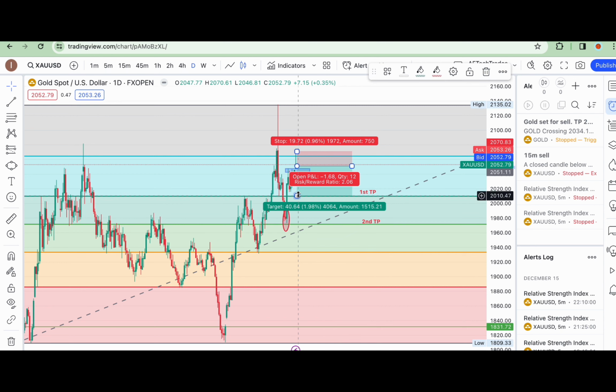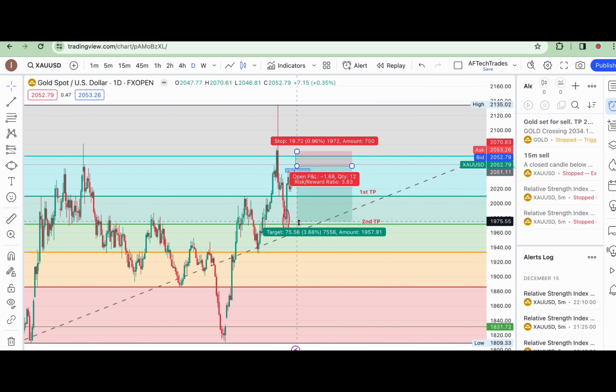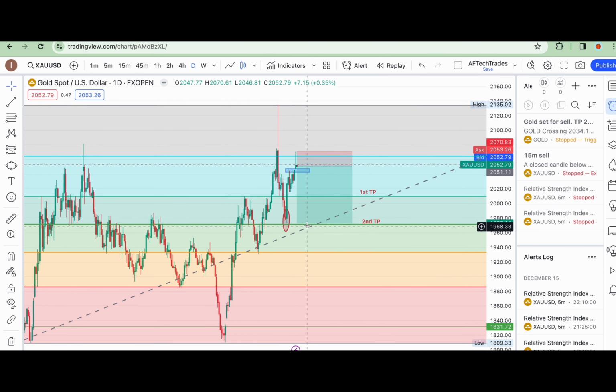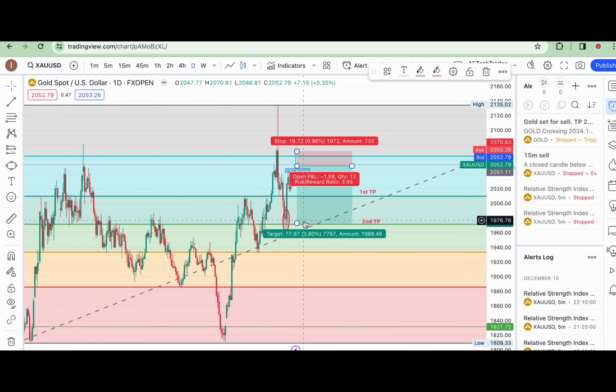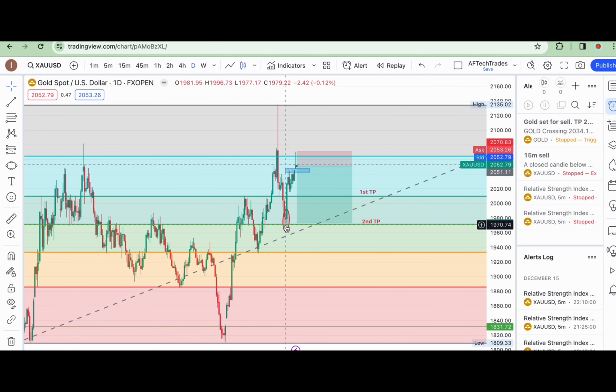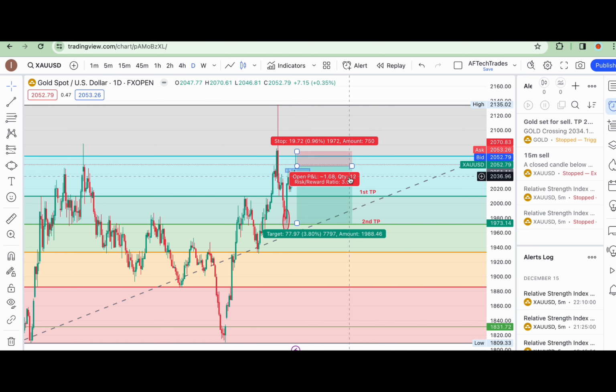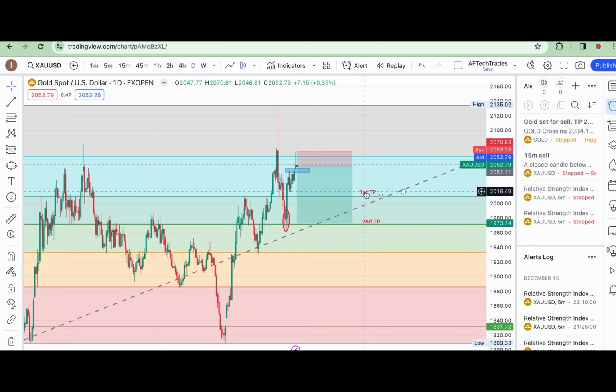So this is how I would place my trade for next week. This is my trade setup, and this would give me a risk to reward ratio of 3.9. I'm not ruling out this coming back to this level before going that, but what is guaranteed is this first TP.